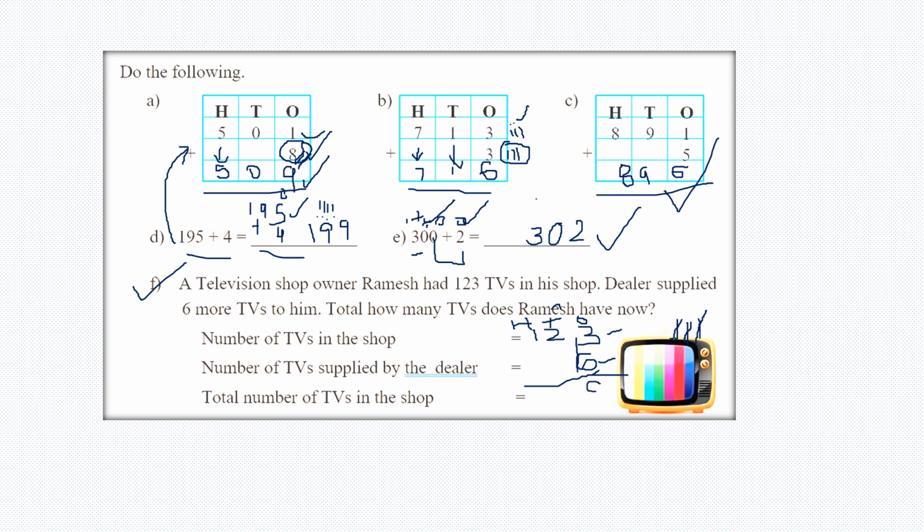So 9 here, and in tens is there anything to add? Nothing. So this one number will be carried below. So it is 2, and in hundreds it is 1. So what is the total number of TVs in stock with Ramesh? 129 TVs. Correct? Wow, very good.